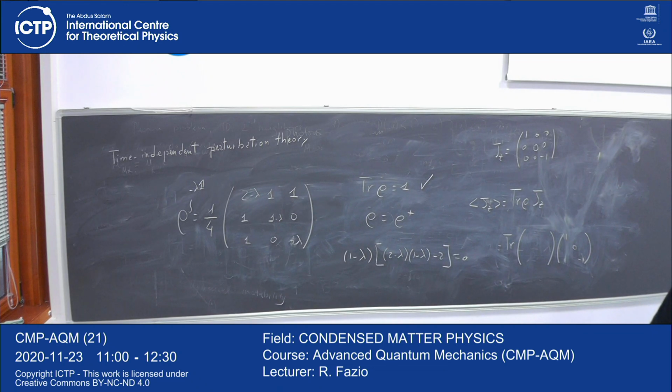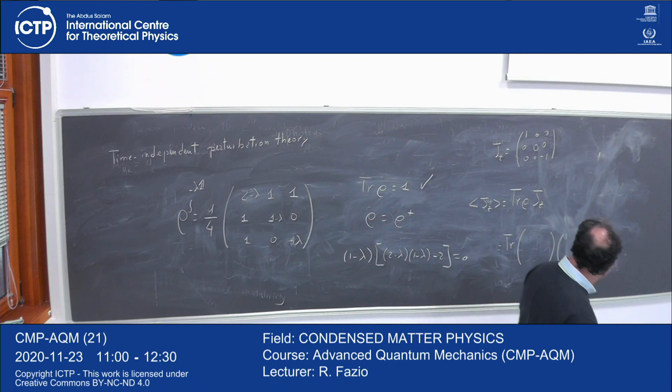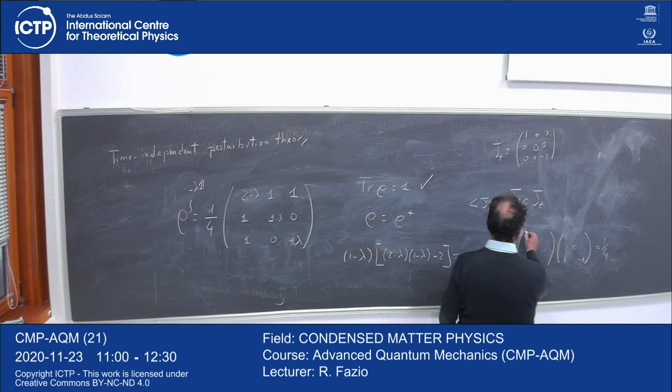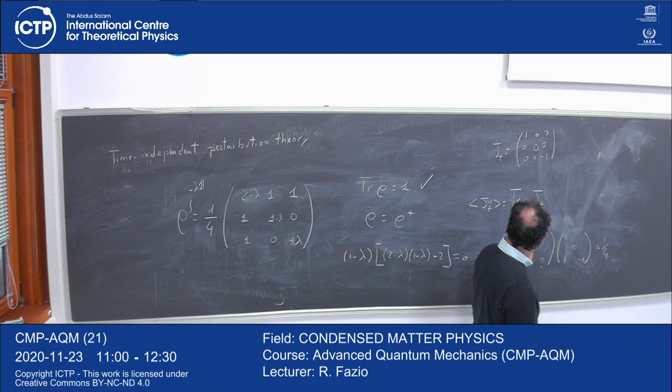So it's 1/4. But why is it 1/4? Because you have rho 1, 1 on this row times a diagonal matrix, which is just rho 1, 1 minus rho 3, 3.